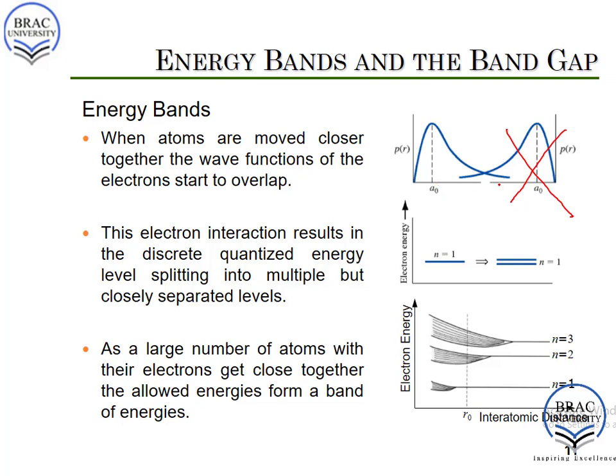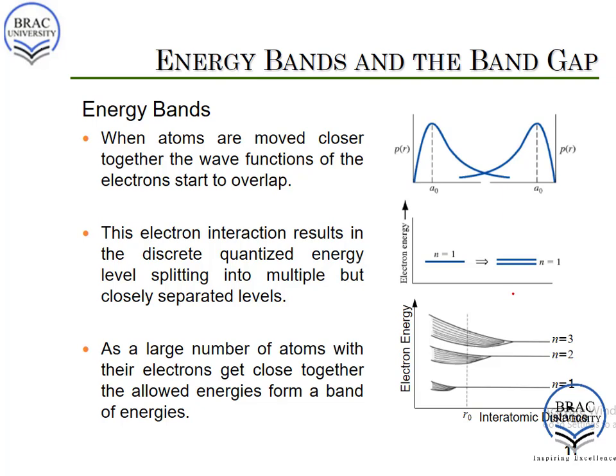This is the case when there is only a single hydrogen atom interacting with nothing else. But when 2 hydrogen atoms come to close proximity and interact with each other, then these 2 probability distribution functions overlap. Such interaction causes the previously discrete energy level to split into 2 closely separated levels. Let me explain once again.